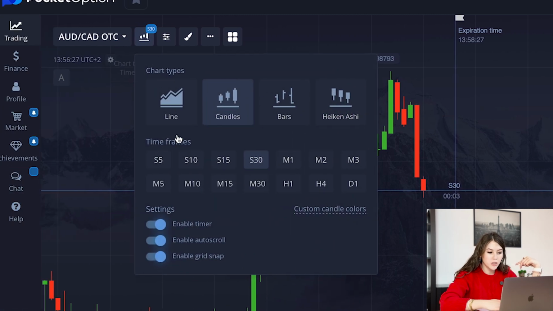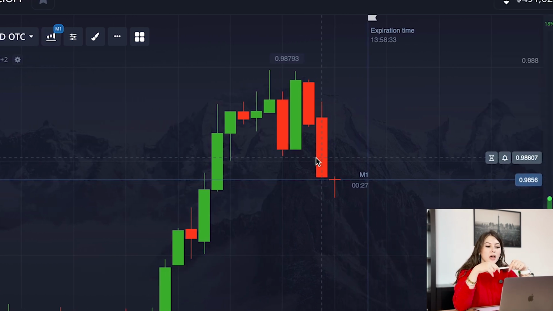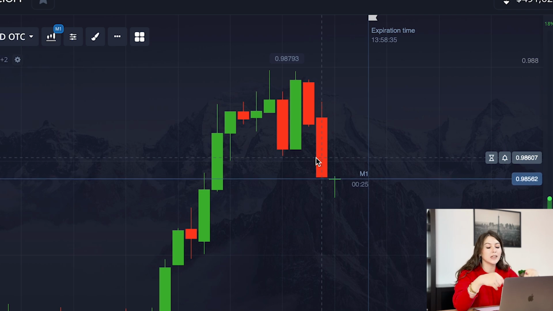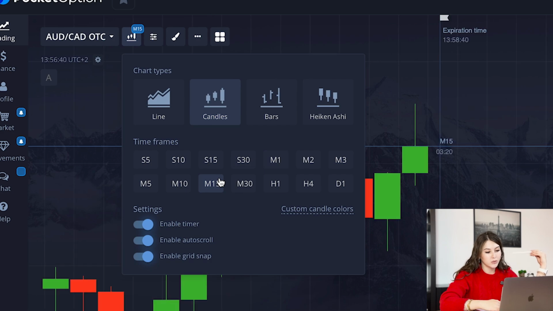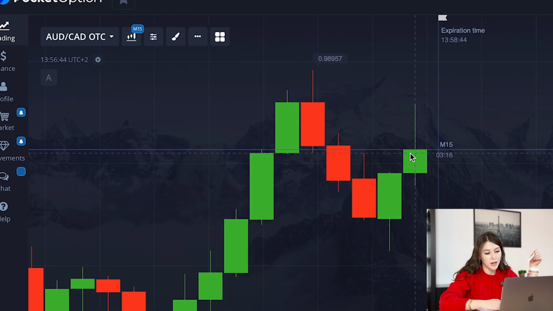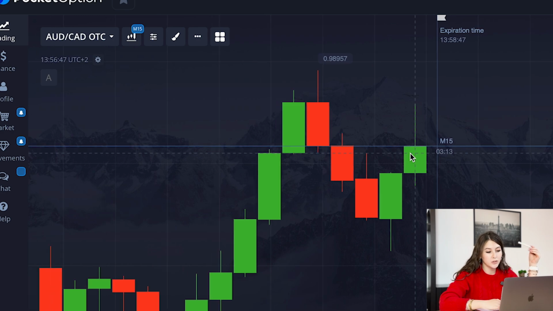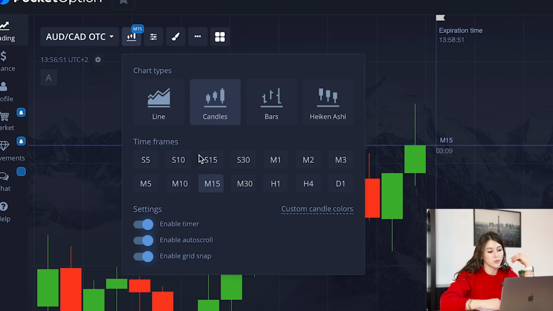But if we change the candles, for example, to 1 minute, we're going to see the amount of quotes in 1 minute. It's the same with another period of time. So 15 minutes is going to be the amount of quotes in 15 minutes.